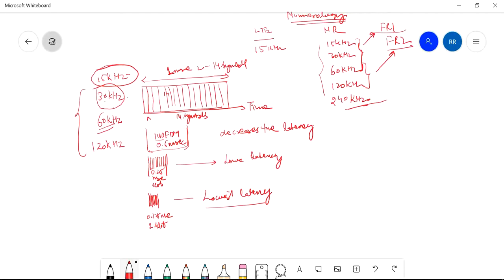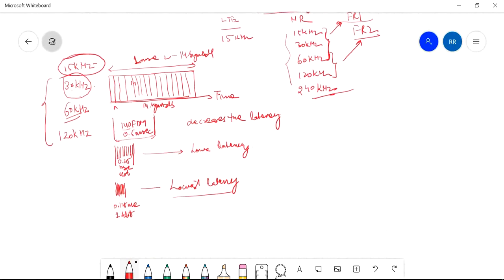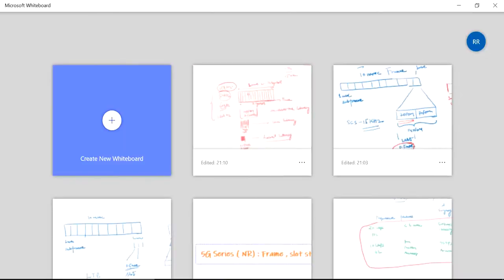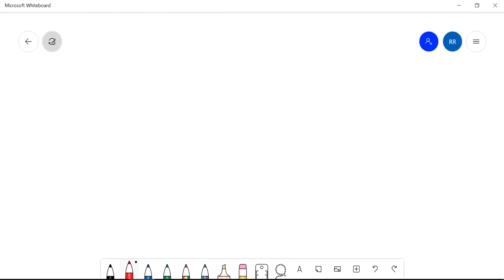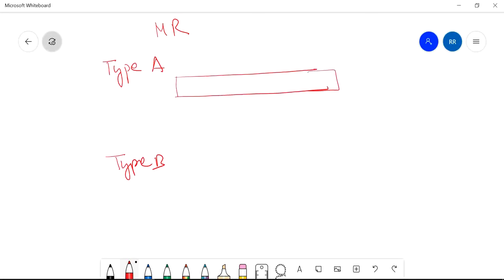Now we will talk about one more thing in LTE and NR. In NR there are two types of slot structure or communication: type A and type B. In type A, it is the conventional frame structure, and we can use any subcarrier spacing: 15 kilohertz, 30, 60 or 120, right?